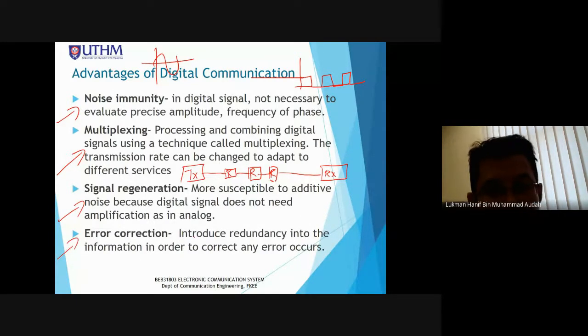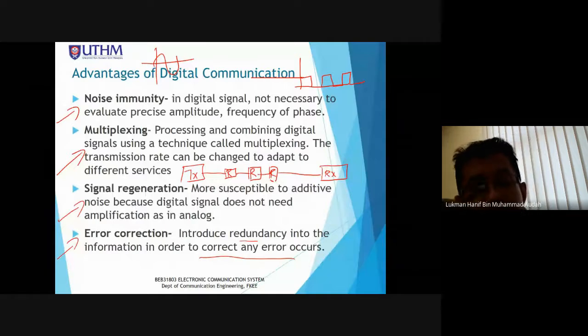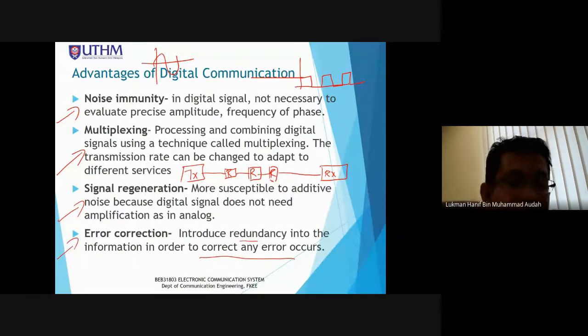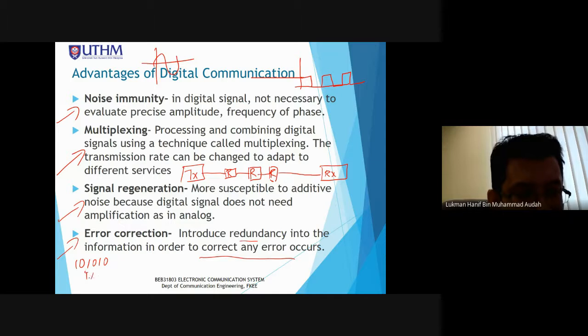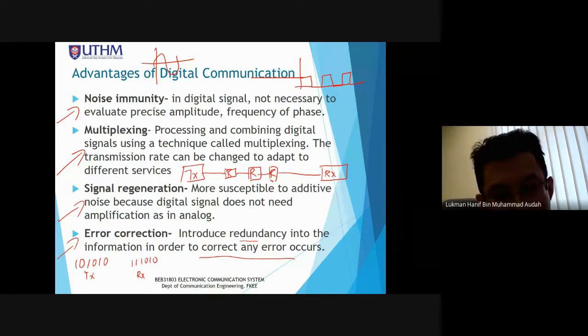Okay, we can introduce a redundancy into the information in order to correct the error. So dalam digital system ada method, ada kaedah untuk detect error dan juga untuk membuat error corrections. Apa maksud error? Maksud error bermaksud di sini kalau saya hantar signal 101010, let's say I transmit this signal, suddenly at the receiver detect like this 111010.